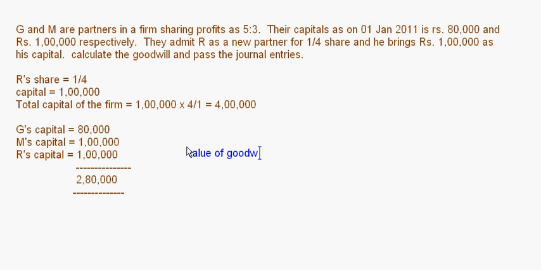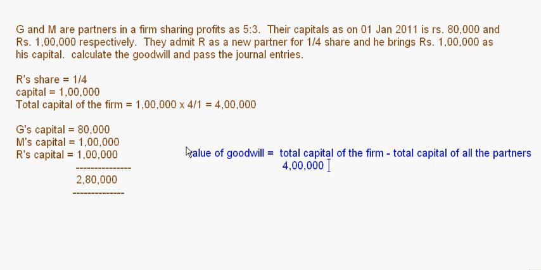So the value of goodwill will be equal to the total capital of the firm minus the total capital of all the partners, right? So this is 4 lakh minus 2,80,000, which is equal to 1,20,000.